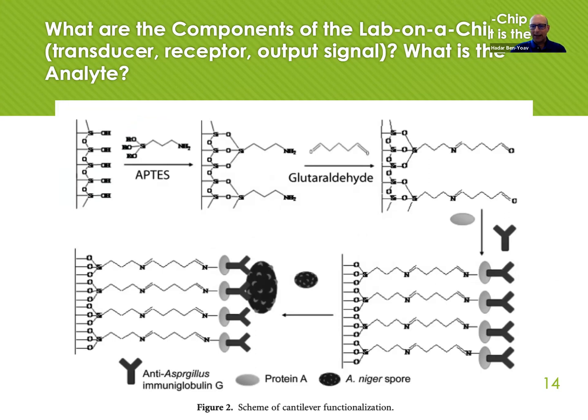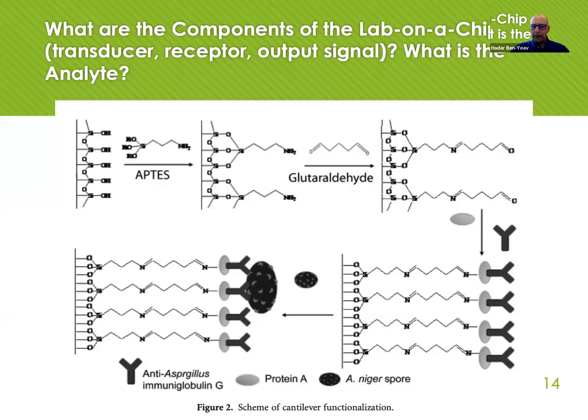Then we introduce glutaraldehyde, which binds to the amine group and provides a free aldehyde part, to which we can bind protein A, and on top of it bind the antibody. So it's a process of steps that you make to build your receptor, to bind the antibody through this protein and glutaraldehyde to the surface of the cantilever.